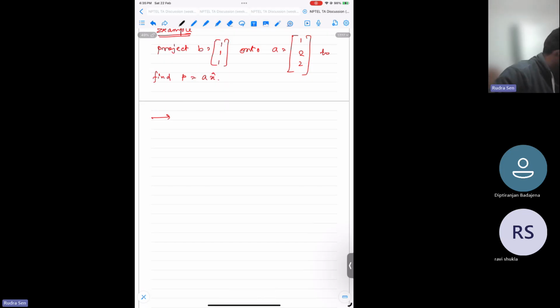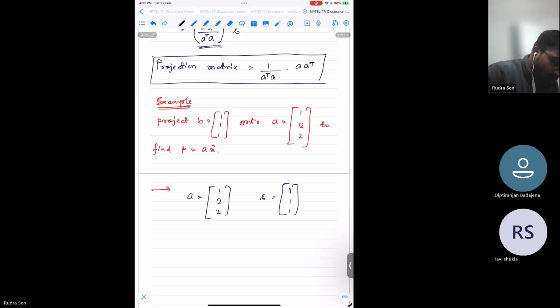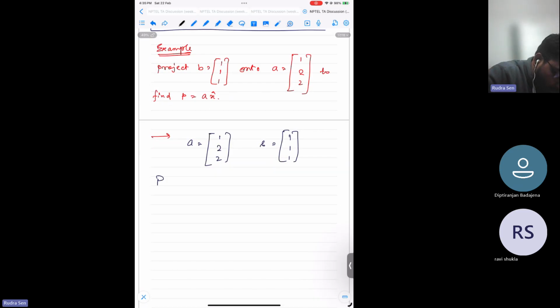So we need to find the small p, right? We know the formula. We have A and B over here. What is the projection matrix?